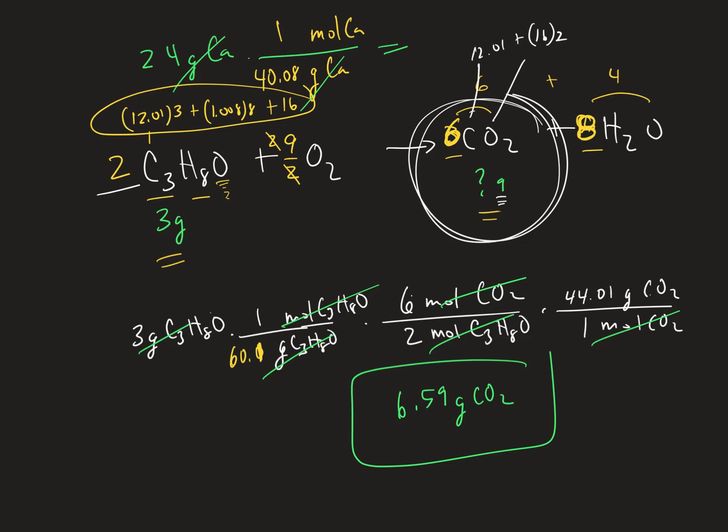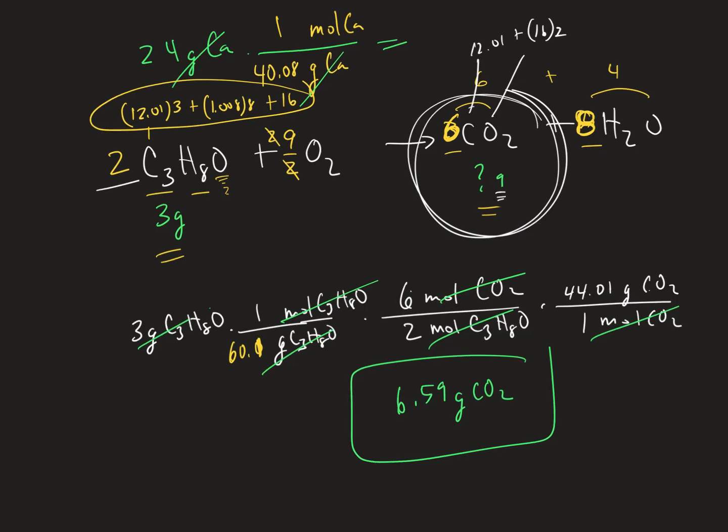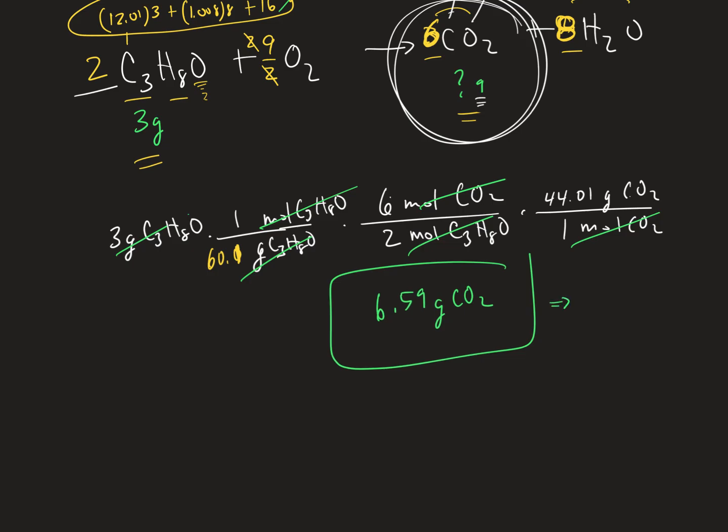Now, what is this called? Theoretical yield. Is this how much we make in the lab? No, this is what we're trying to get in the lab. In theory, we should be able to get this amount if everything goes perfect, but it never does.